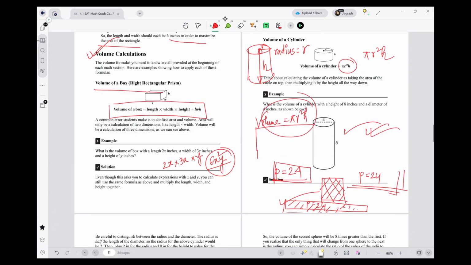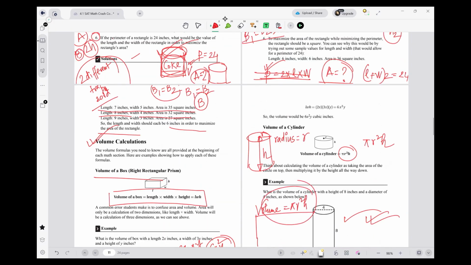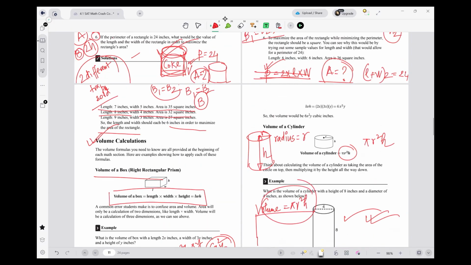And why is this happening? Because for any kind of 3D object that is a continuous type of shape, like this cylinder, it has the same type of shape from the bottom to the top.